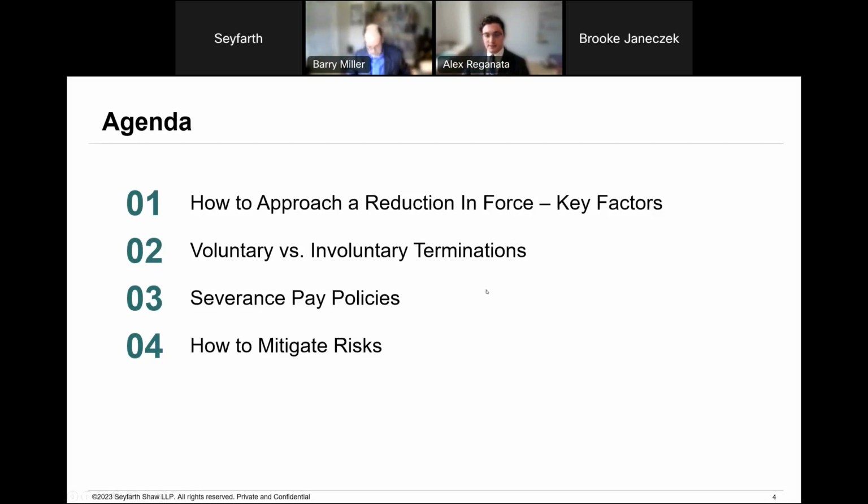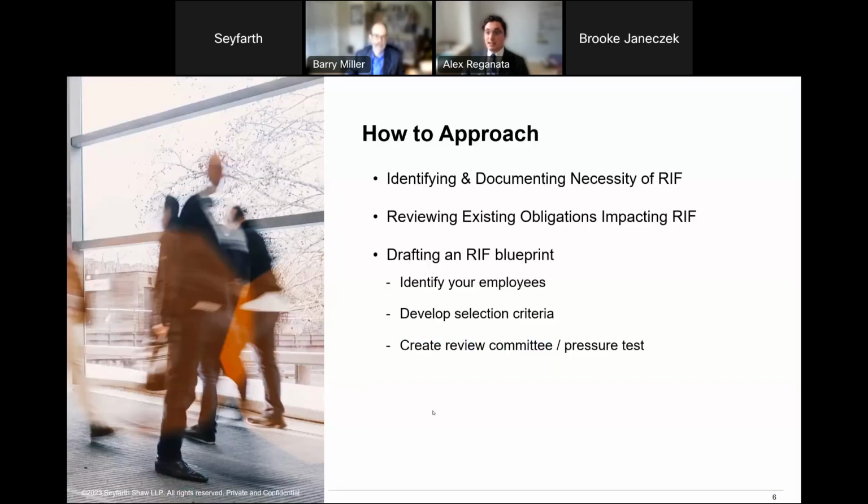The first point is you're going to want to be able to identify and document the necessity of a reduction in force. The business is likely approaching the RIF for a number of reasons, and you're going to want to make sure that you can articulate what those reasons are.